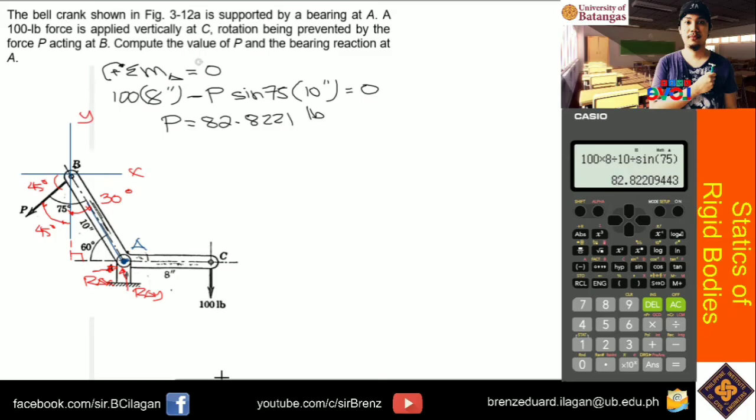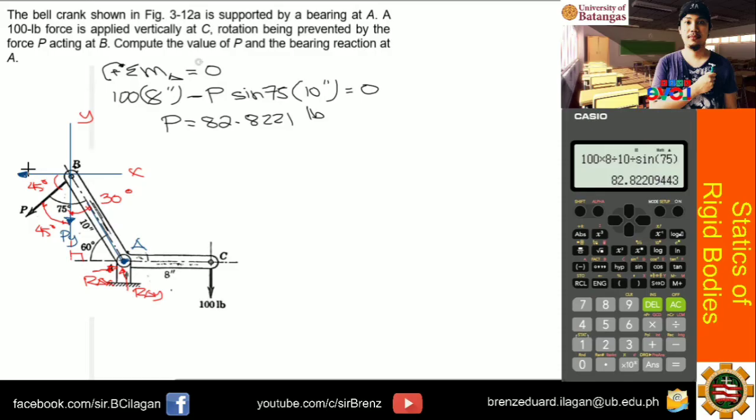Meaning, yung P mo, if you're going to solve for its component, meron siya ulit dalawang component. The first component, meron kang y component which is going in this direction, or doon sa pababa. So yung y component niya is pag ganito, downward. That will be your Py. And yung horizontal niya, yung x component niya will be going to the left, or that will be Px.